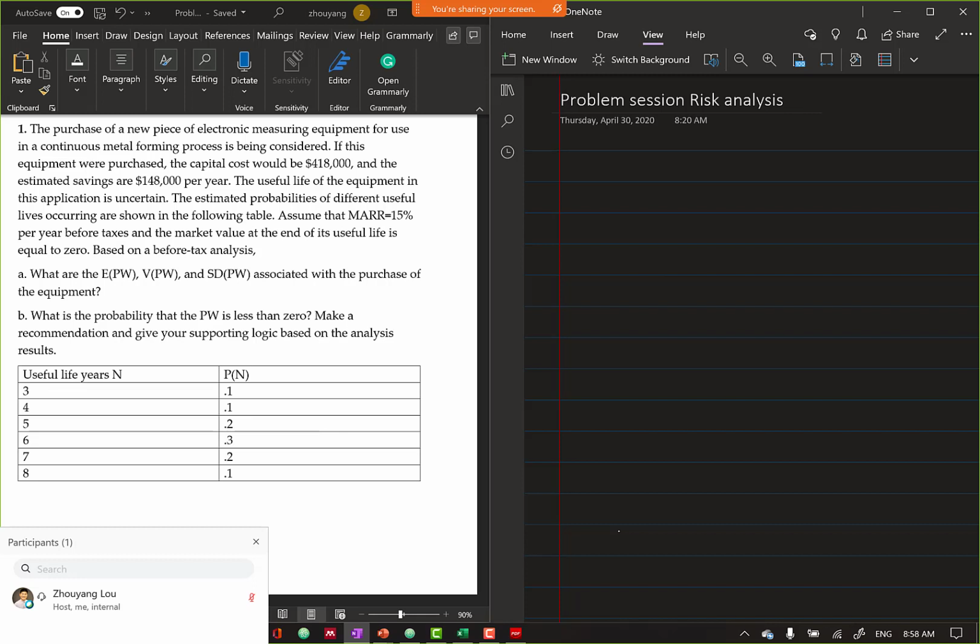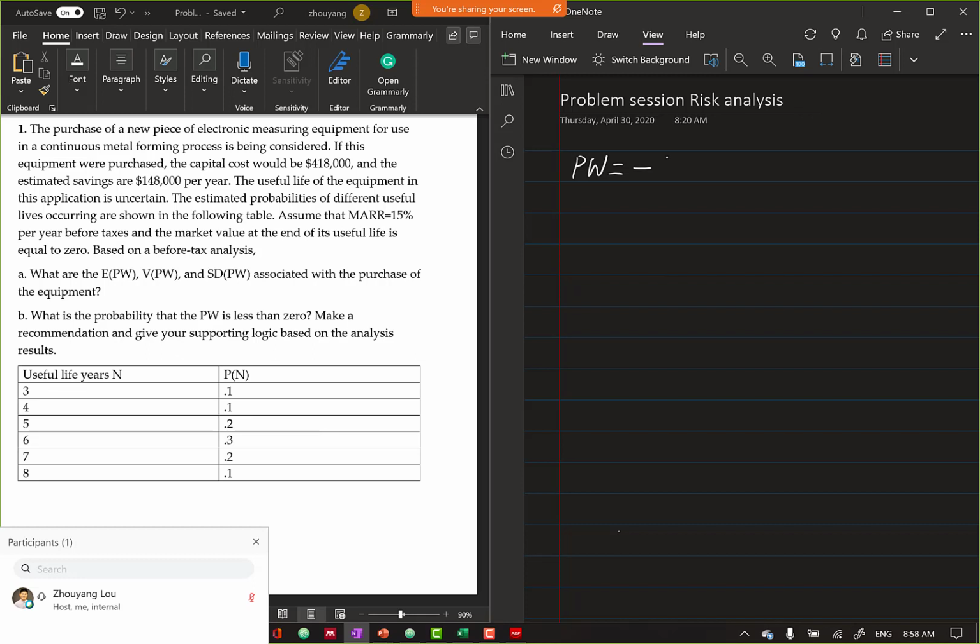So first thing first, let's calculate the present worth of getting this equipment. So we have 2 parts. The first part is the capital cost, and we use negative sign for the cost.